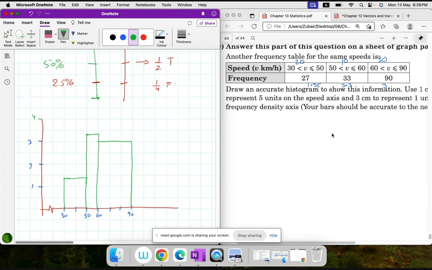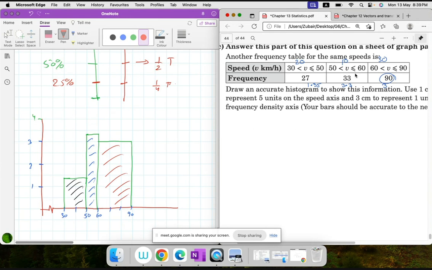Now see, the area also gives you a fair comparison. Let me shade them. The first one in black, second in blue, last one in red. You see 90 is almost 3 times of this, so the area is also almost 3 times.